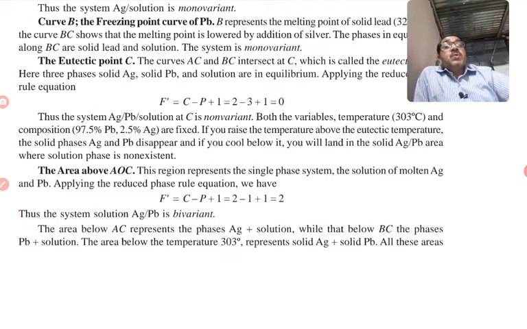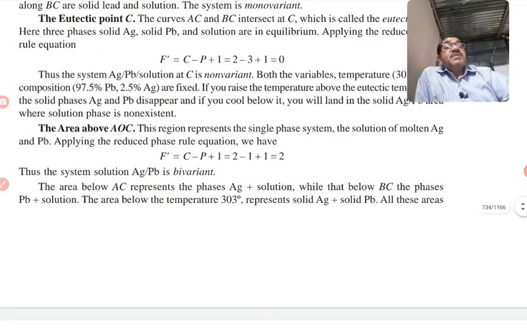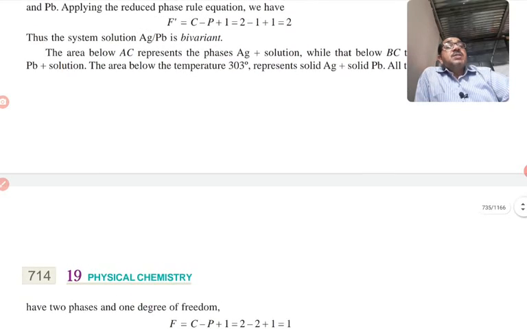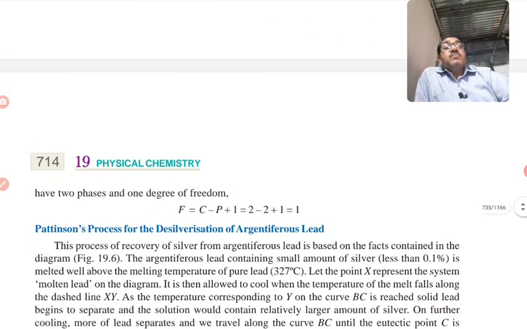The area below AC represents the phases Ag plus solution, while that below BC the phases Pb plus solution. The area below the temperature 303 represents solid Ag plus solid Pb. All these areas have two phases and 1 degree of freedom. So F is equal to C minus P plus 1 is equal to 2 minus 2 plus 1, that gives F is equal to 1.